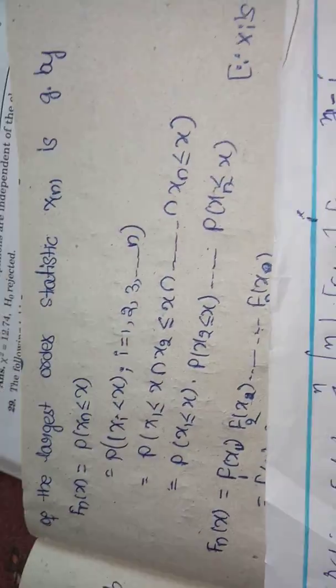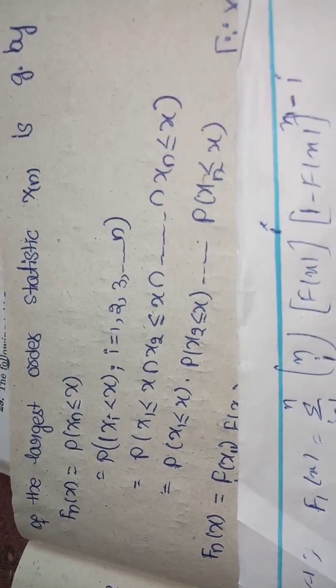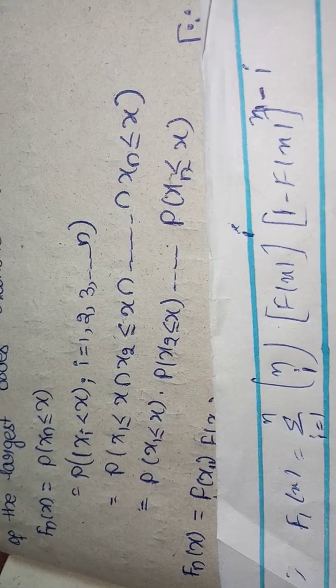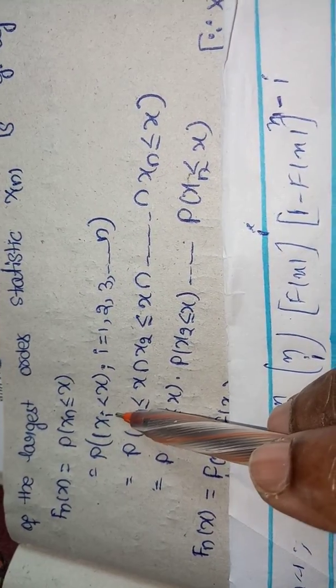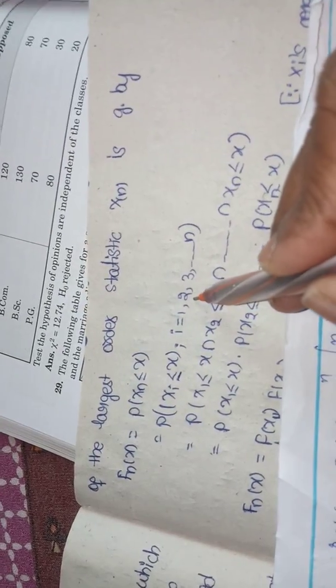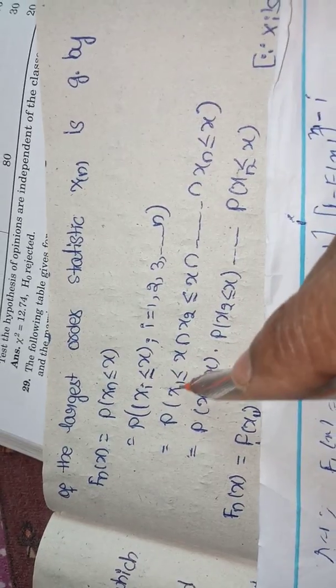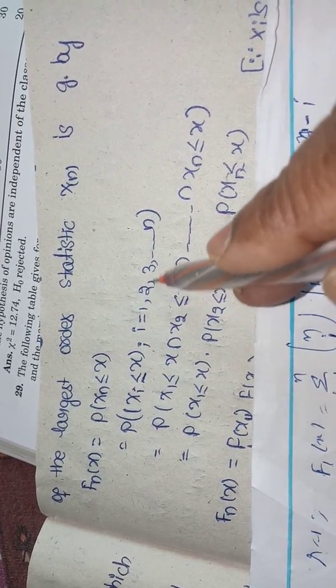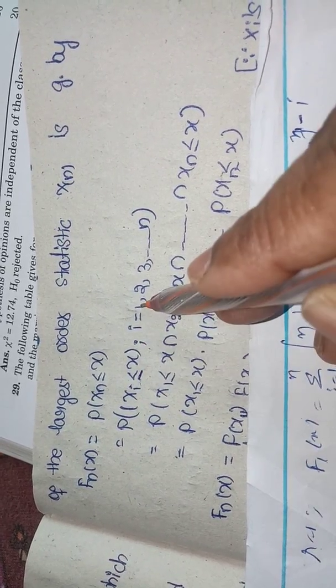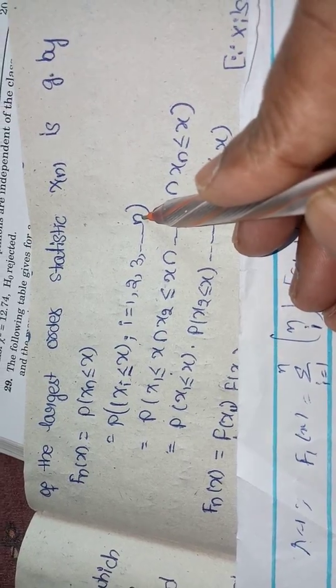That implies F_n of x equals P of Xi less than or equal to x, where i takes the values 1, 2, 3, and so on up to n terms.